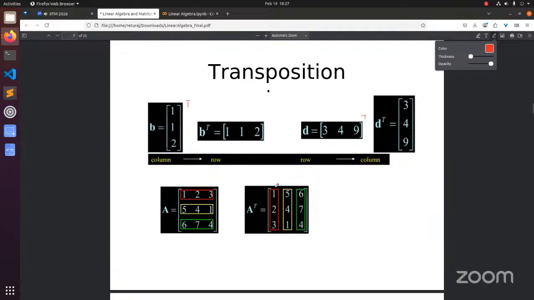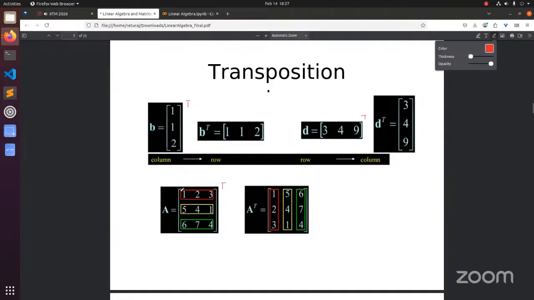Yes, sir. Okay. So now if you apply a matrix transpose, it converts each row into a column. So you have this row vector 1, 2, 3, and it will convert into a column vector 1, 2, 3. And 5, 4, 1 will get converted into a column 5, 4, 1. The third row 6, 7, 4 is also converted to a column 6, 7, 4.